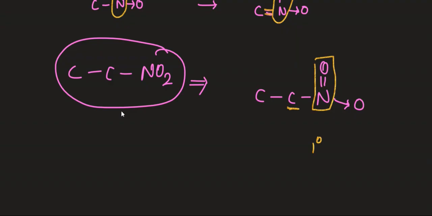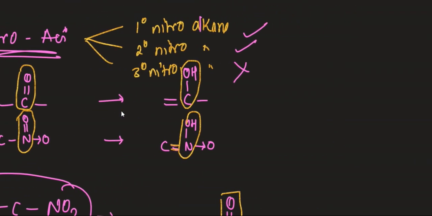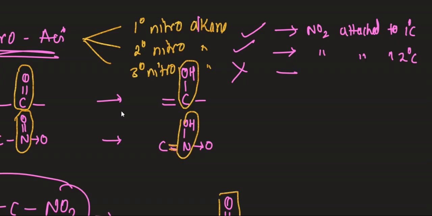A nitro group attached to a secondary carbon is called a secondary nitro group. A nitro group attached to a tertiary carbon is called a tertiary nitro group.